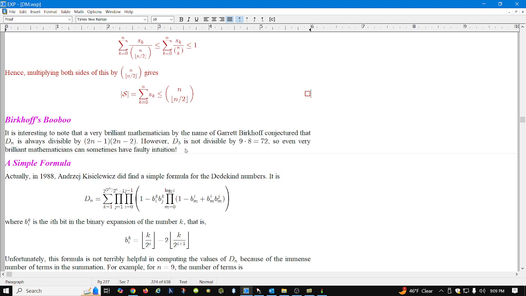Well, d5 is not divisible by what it would be here. It's 9 times 8, which is 72. Why do I bring this up? Just to point out that even the most brilliant of mathematicians can sometimes have faulty intuition. So when I have faulty intuition, which is quite often, I don't feel quite so bad.